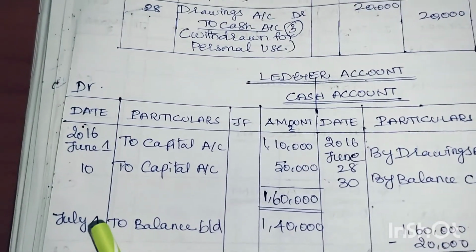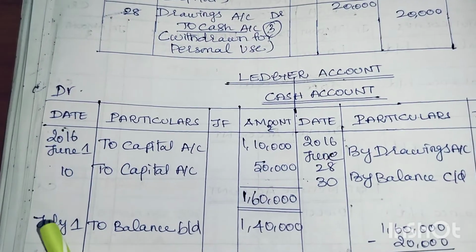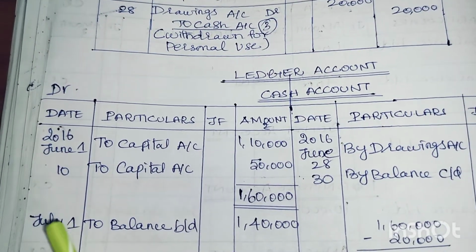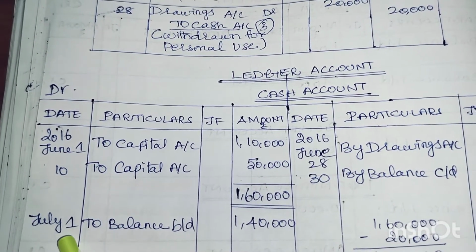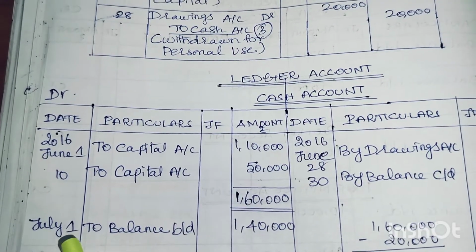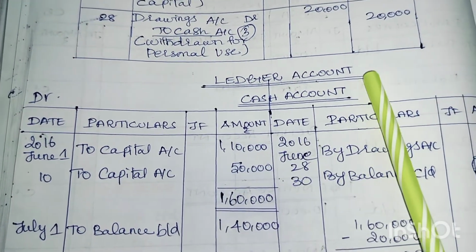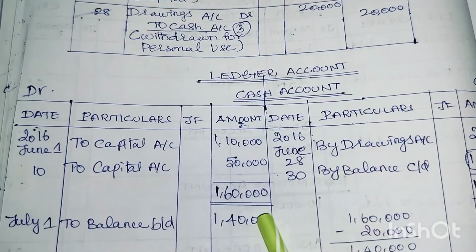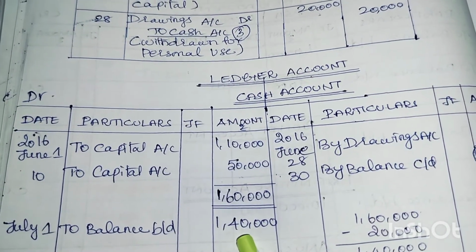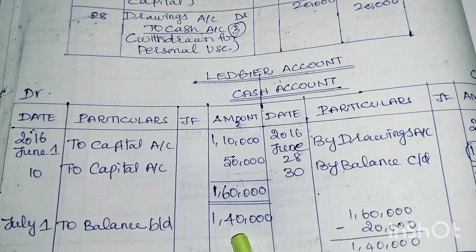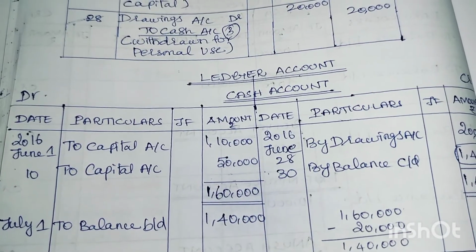This is the opening of the next accounting period. July 1 is the next accounting period's opening balance of the cash account. How much rupees? 1,40,000 rupees. So we post the cash account on ledger account.